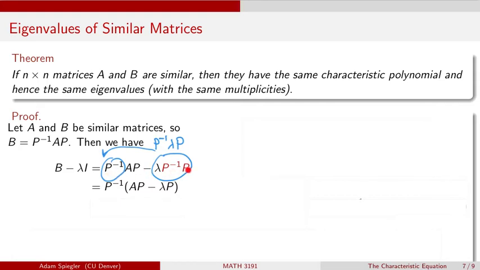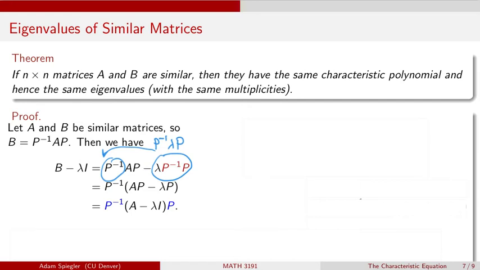So we can rewrite this line P inverse A P minus P inverse lambda P by factoring out P inverse and writing this as P inverse times the quantity A P minus lambda P. And then we can do the same factoring out P on the right of this expression. So that means this expression for B minus lambda I, if B is similar to matrix A, we can rewrite that as the product P inverse times the quantity A minus lambda I times the matrix P.